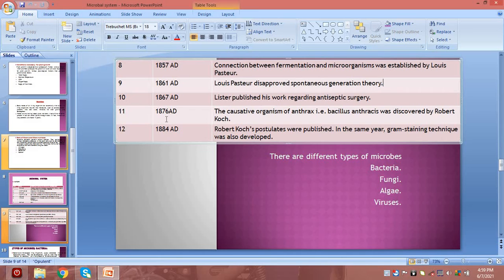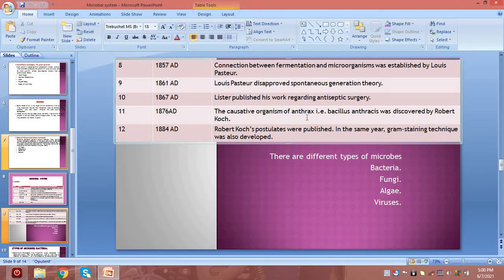In 1876 AD, Robert Koch said which bacteria? Bacillus anthracis is the name of the bacteria which causes the disease anthrax. Anthrax is also a deadly infectious disease. In this disease, flu-like symptoms are seen, like fever, headache and rashes in human beings also.